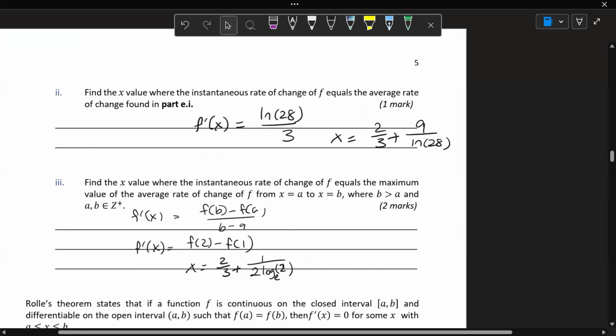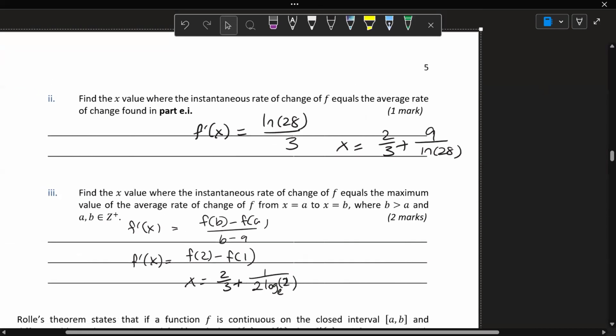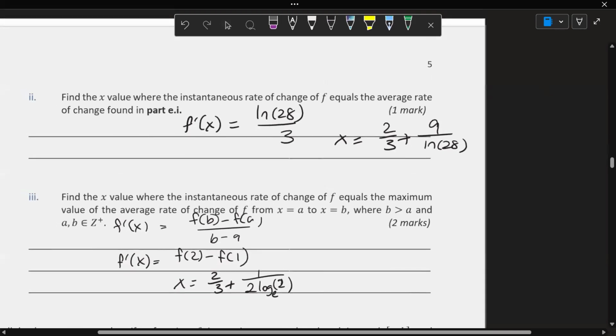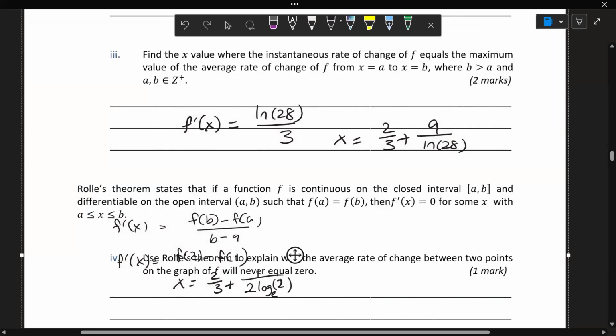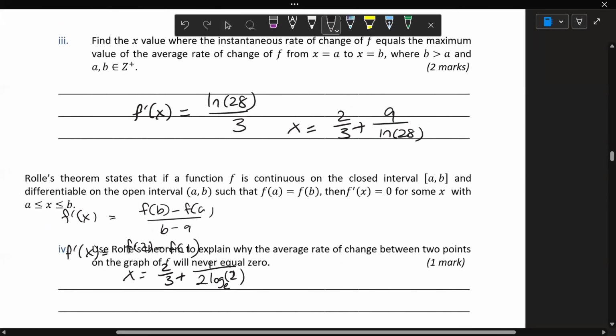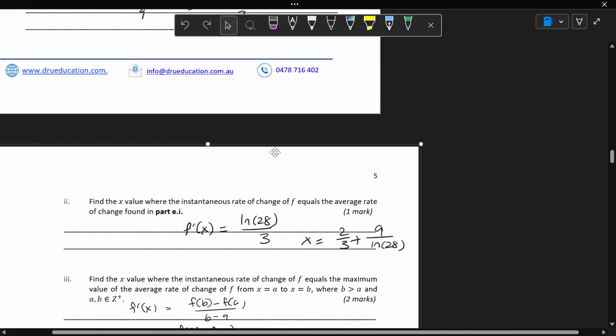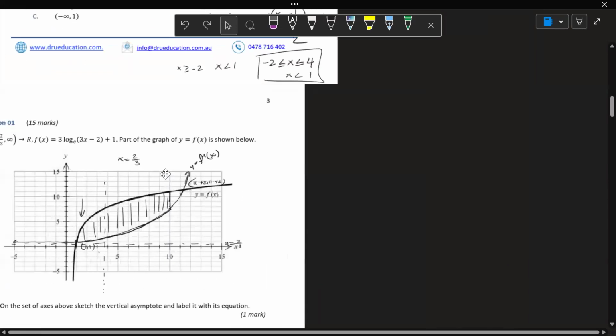And it says you want to find the maximum value of the average rate of change from x equals a to x equals b. The key point here is a and b belong to Z plus. So that means they're positive integers.